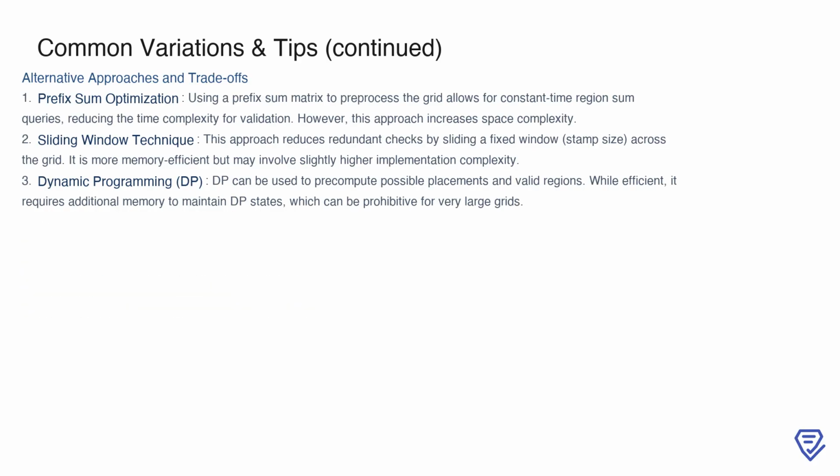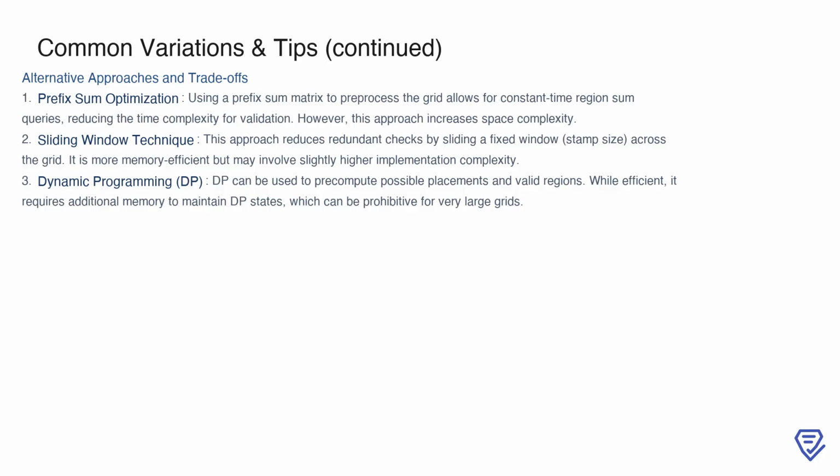Finally, let's explore some alternative approaches and the trade-offs associated with them. One effective technique is using a prefix sum matrix. By pre-processing the grid into a prefix sum structure, you can perform constant time region sum queries, significantly reducing the time complexity for validation. However, this approach comes with a trade-off: it increases space complexity due to the additional memory required for the prefix sum matrix.